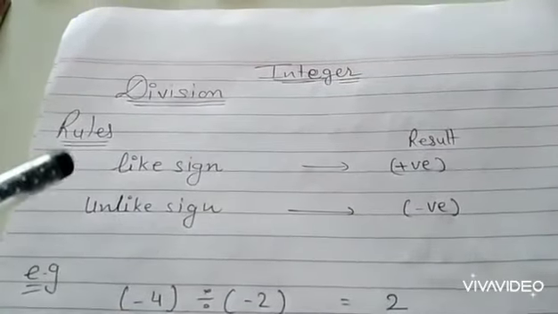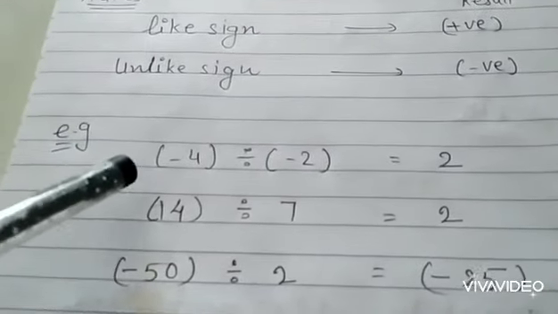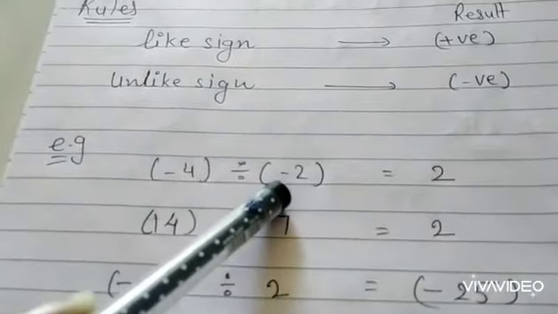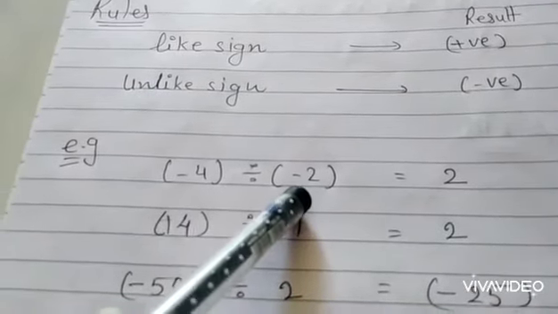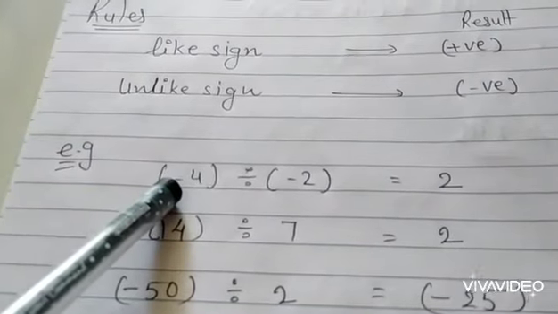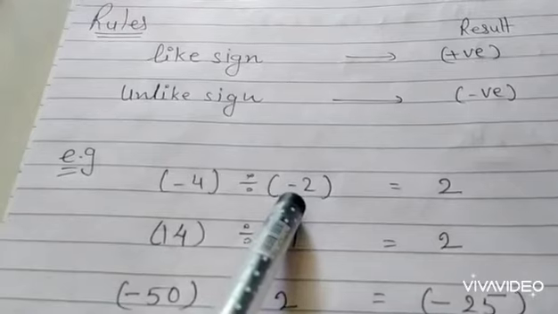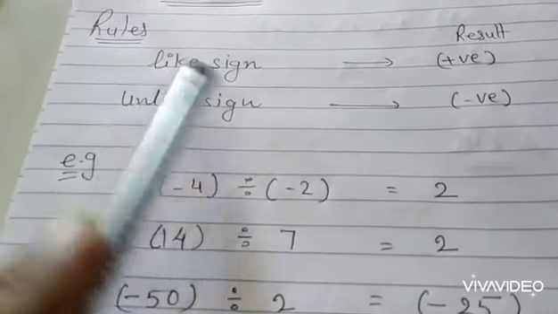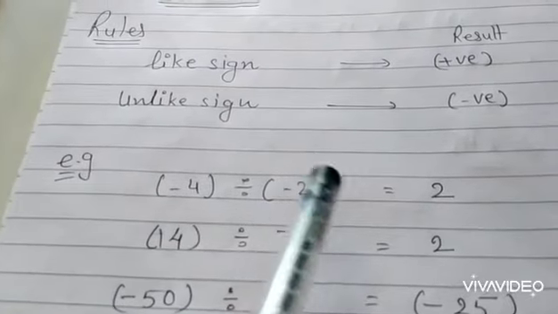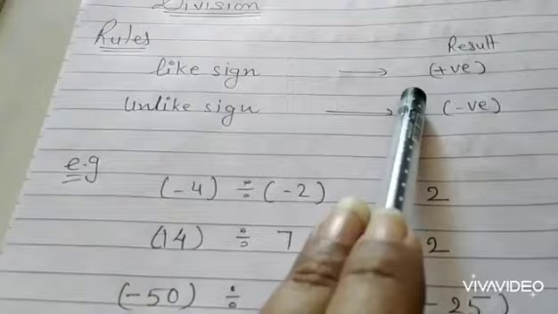We will check this with examples. Minus 4 divided by minus 2: minus 4 is a negative integer and minus 2 is also a negative integer, so like signs are there, and your answer will be positive 2.